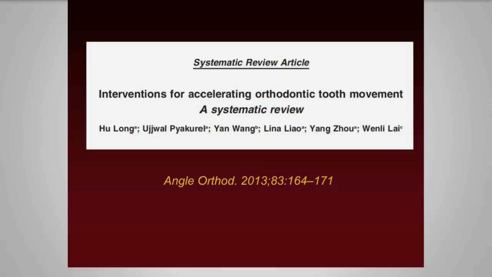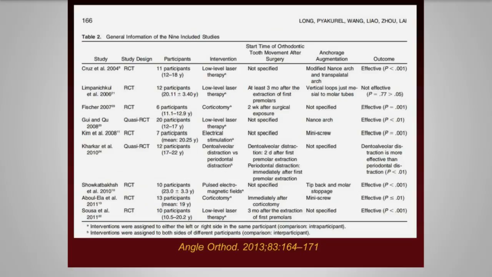Let's look at the example of a systematic review published in 2013. Long is the first author, published in the Angle Orthodontist. I will give you an example. This is a systematic review on techniques used for accelerated tooth movement.